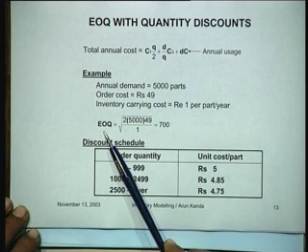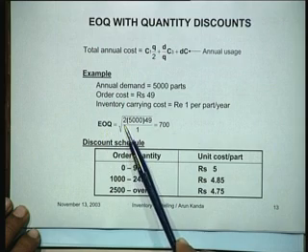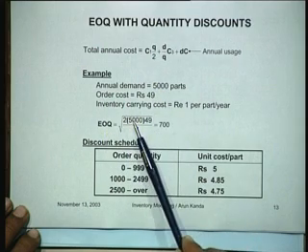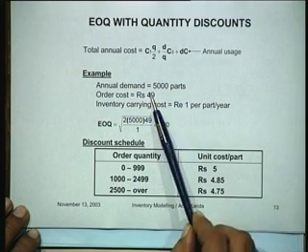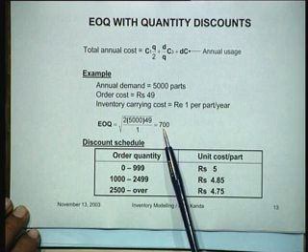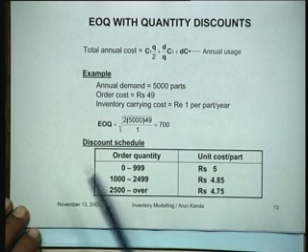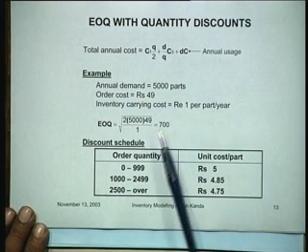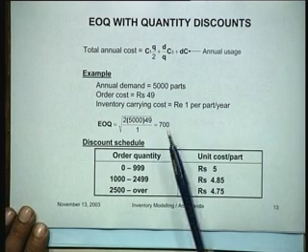Obviously the EOQ for this situation will be the square root of 2 into the demand into C3, the ordering cost, divided by C1, which is 1. So this value is simply 700 units. So 700 units is your economic order quantity.